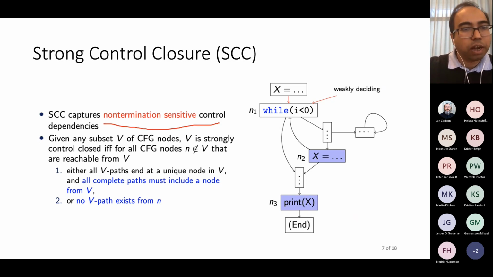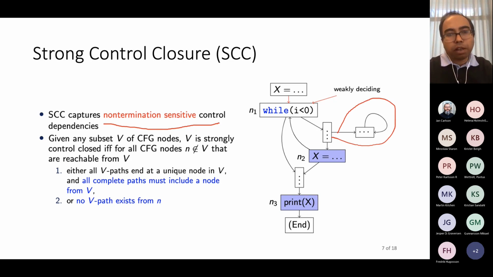The first condition says that all V paths end at a unique node in V, like the weak control closure. But at the same time, we also need to meet this criterion, which says that all complete paths must include a node from V. That means if we start from, for example, N1, and we see there is a non-terminating path, this is a complete path. And the strong control closure of V must include something here to take the non-termination into account.